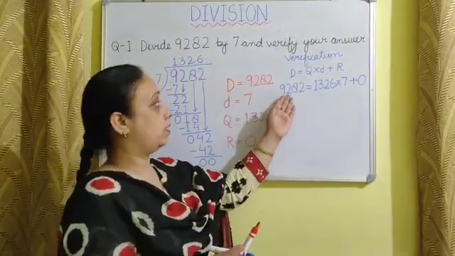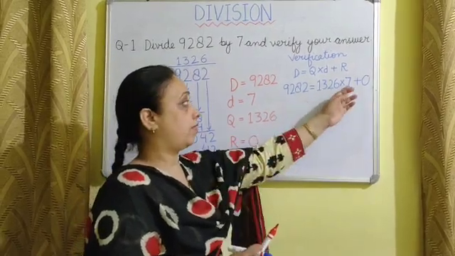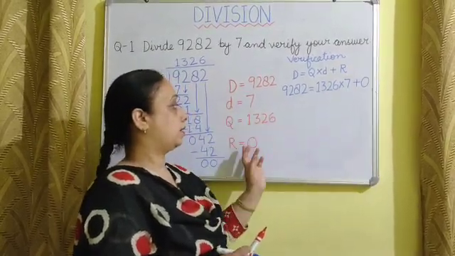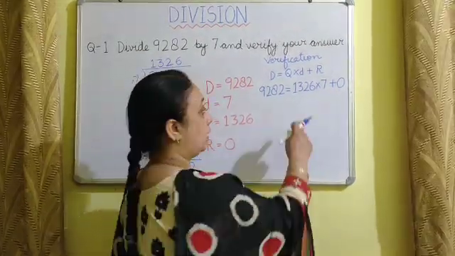So this is the dividend, this is our quotient, this is our divisor, and this is our remainder. Now we are going to do the calculation here.